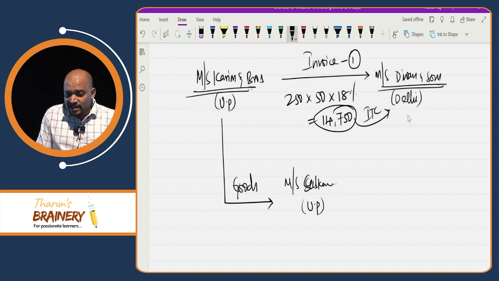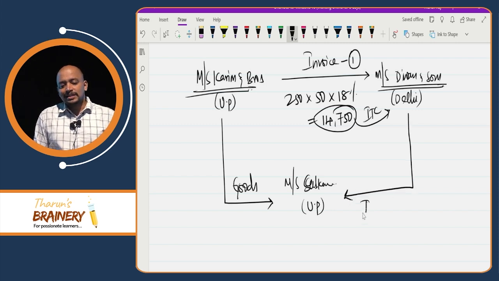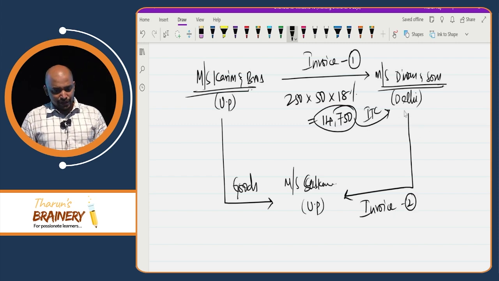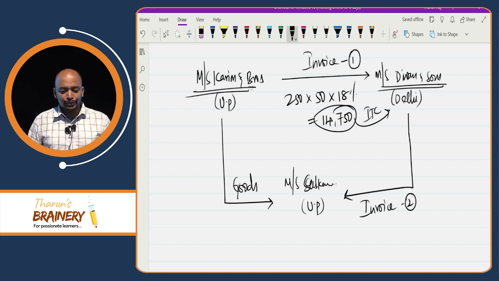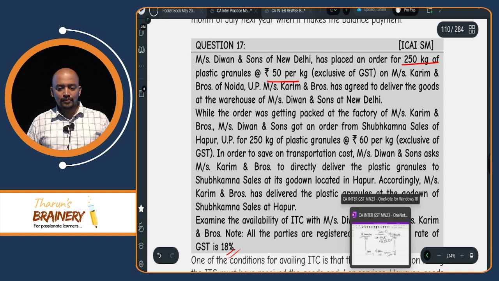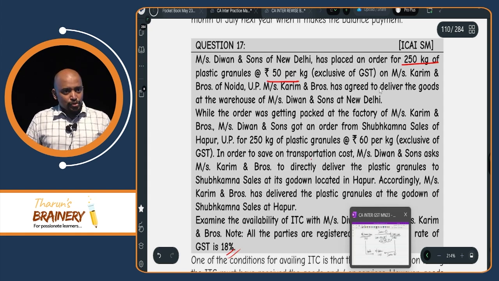Now, Diwan and Sons will raise another invoice to Shubkamna Sales. This is invoice number 2. Diwan and Sons will raise invoice to Shubkamna Sales, invoice number 2. For what value? GST is 2,250.